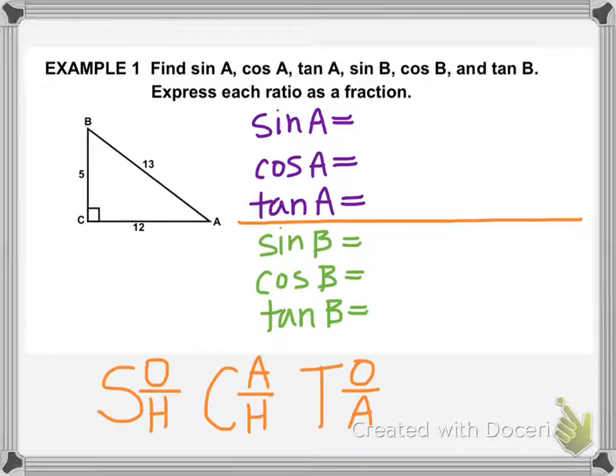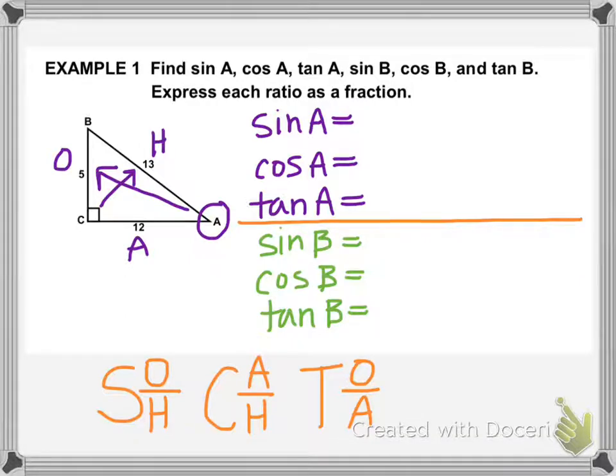All right, let's first start from angle A. The first thing I always like to do is label my opposite, adjacent, and hypotenuse sides. Remember, the opposite side is across from that angle. The hypotenuse is always across from the right angle. It's the longest side. And then the adjacent side is always that leg that touches the angle.